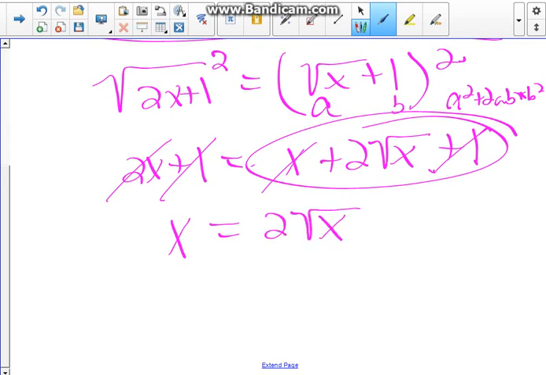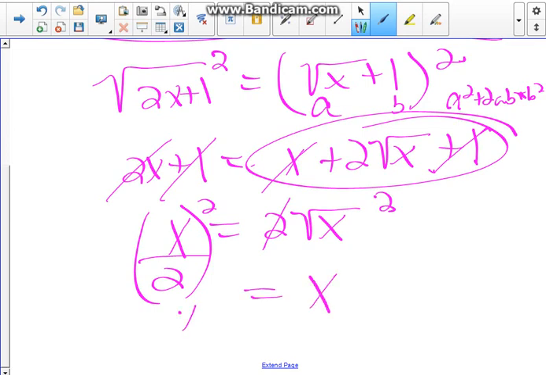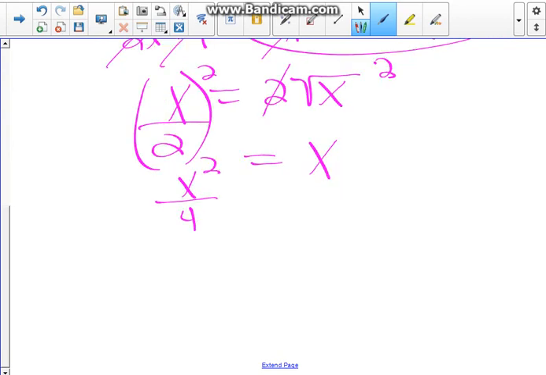And now divide each side by 2. Alright, and now square each side to get rid of that radical. Alright, so this becomes x equals x squared over 4.